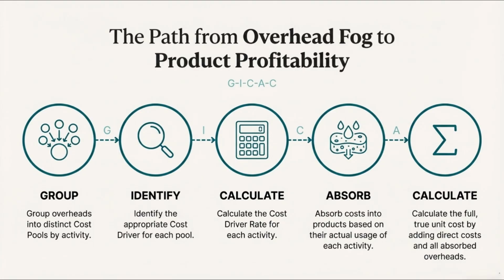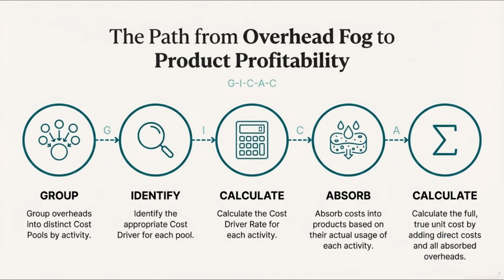Multiply the cost driver rate by how many times each product uses that activity. Then divide by the number of units to get overhead per unit. The final C is for calculate again. Calculate the full, true unit cost by adding together direct materials, direct labor, and all the absorbed overhead costs.